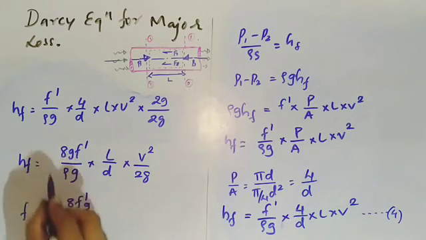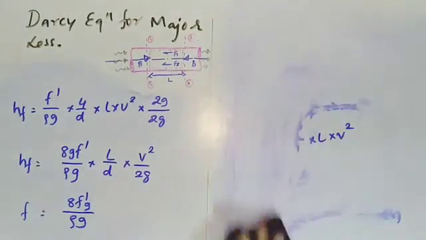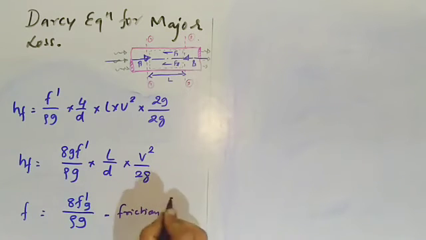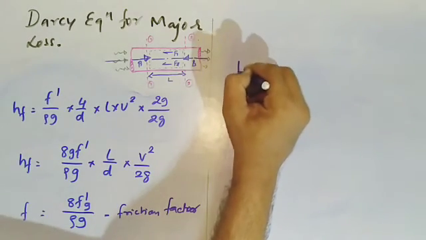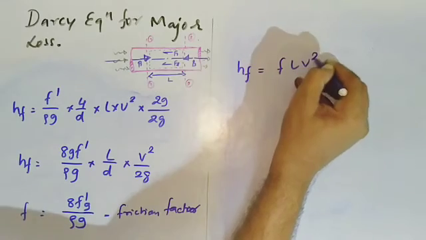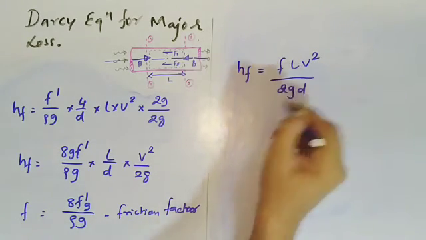So let us replace this in the equation and erase these steps. Okay, so this is the frictional factor. Now HF becomes F L V square divided by 2 g D.